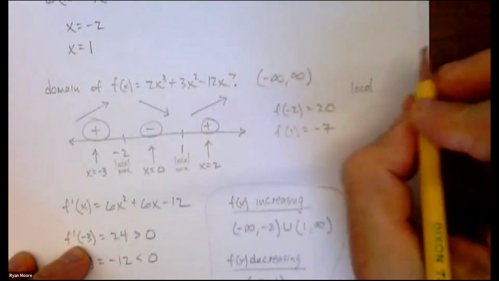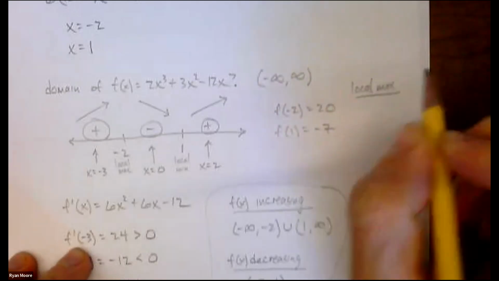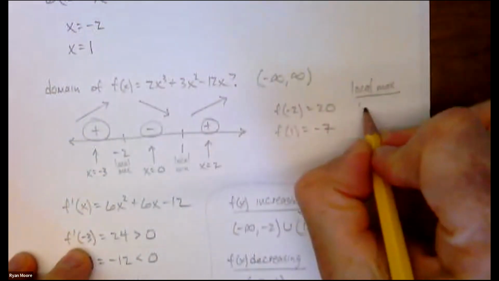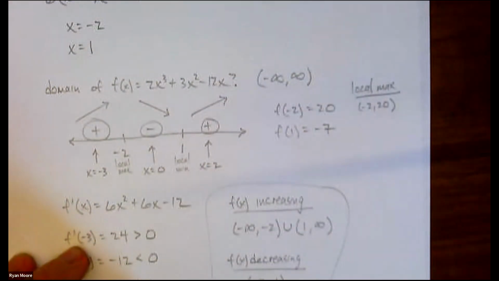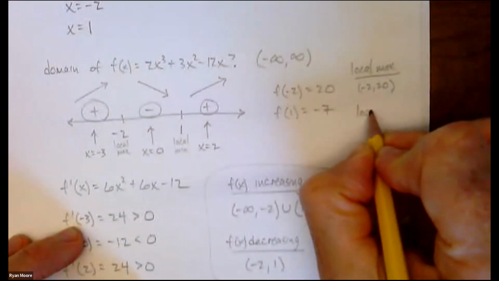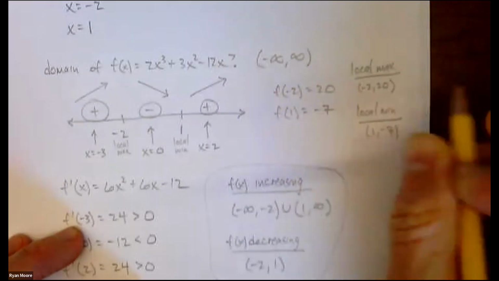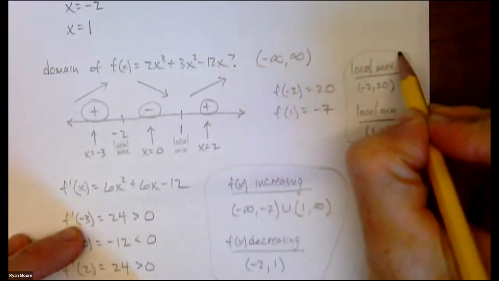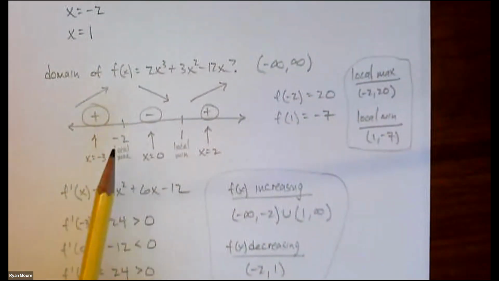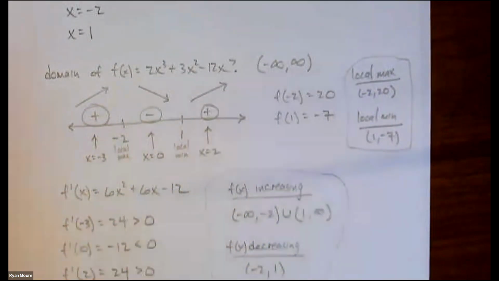So we could see, hey, there's a local max at -2, 20. And there's a local min at 1, -7. So it's really the same amount of work as finding the increasing and decreasing. You just take a slightly different direction, or obviously you could easily do both.